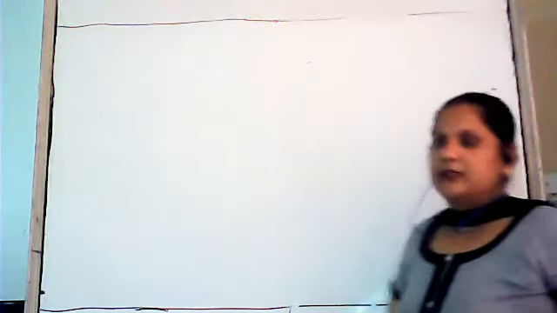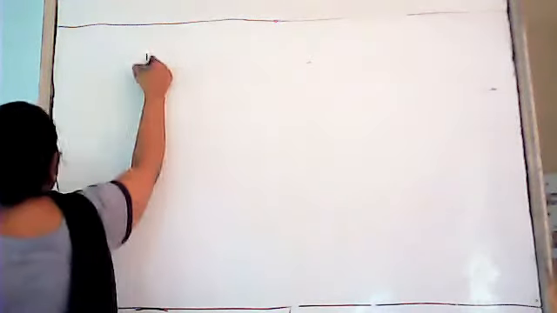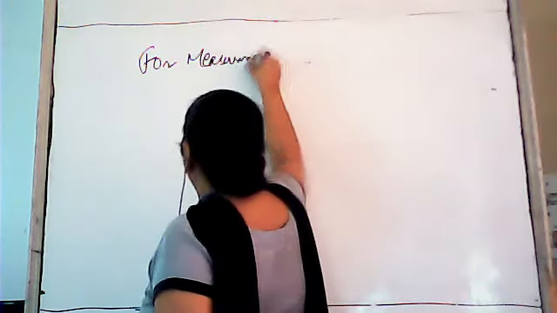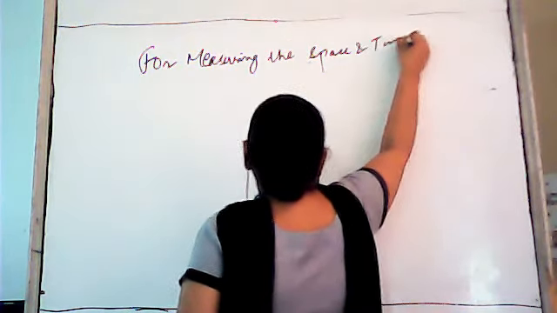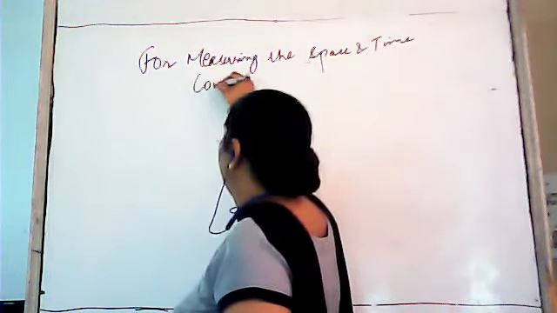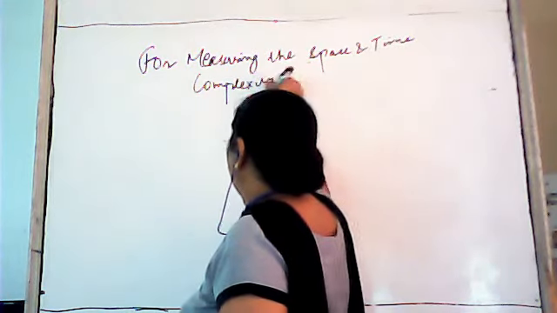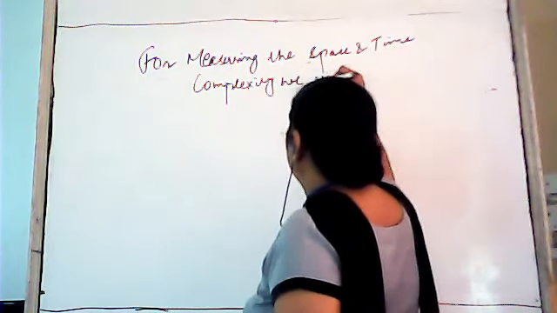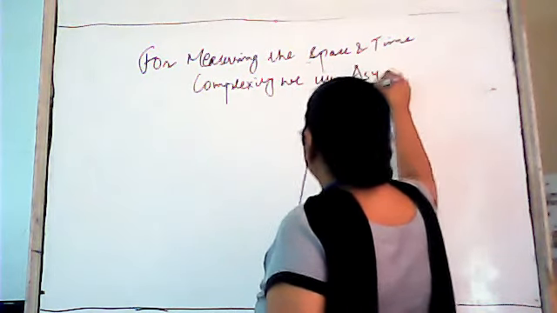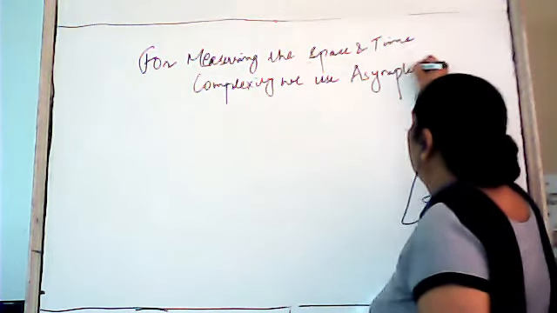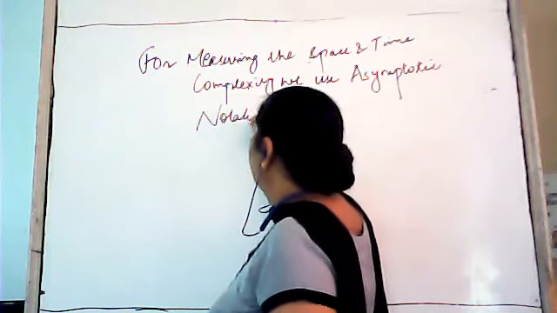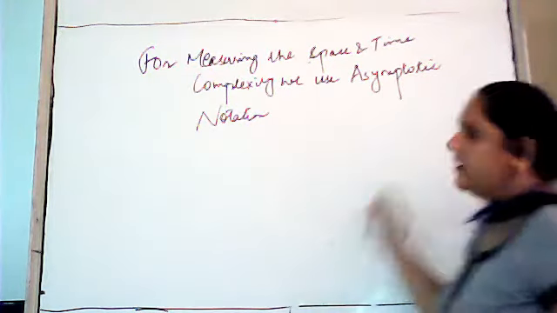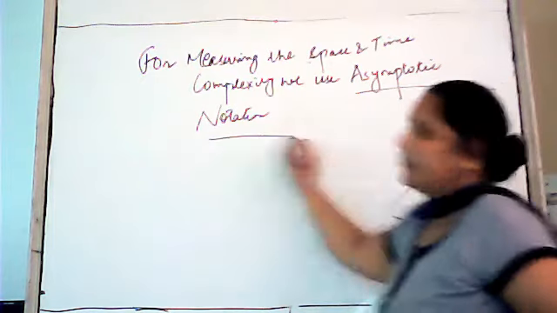For measuring the space and time complexity, we use asymptotic notations. These are of great importance in the subject, asymptotic notations.